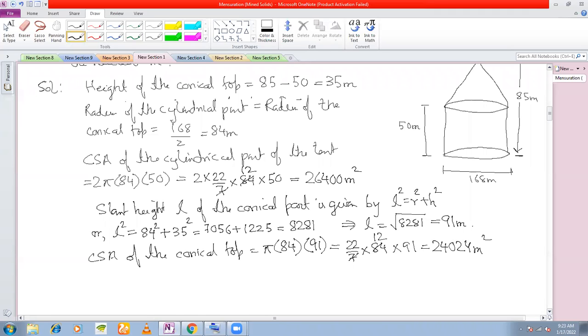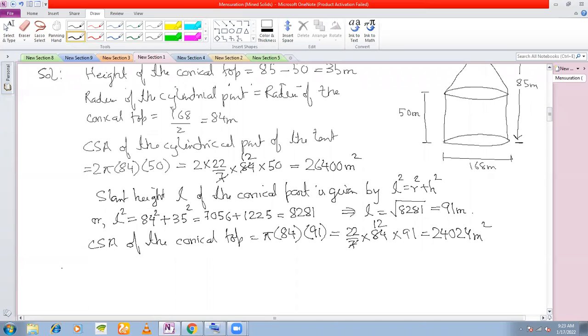meter square. Okay. So therefore, what is the area of the canvas required to make the tent? Therefore, area of the canvas required to make the tent is 26,400.